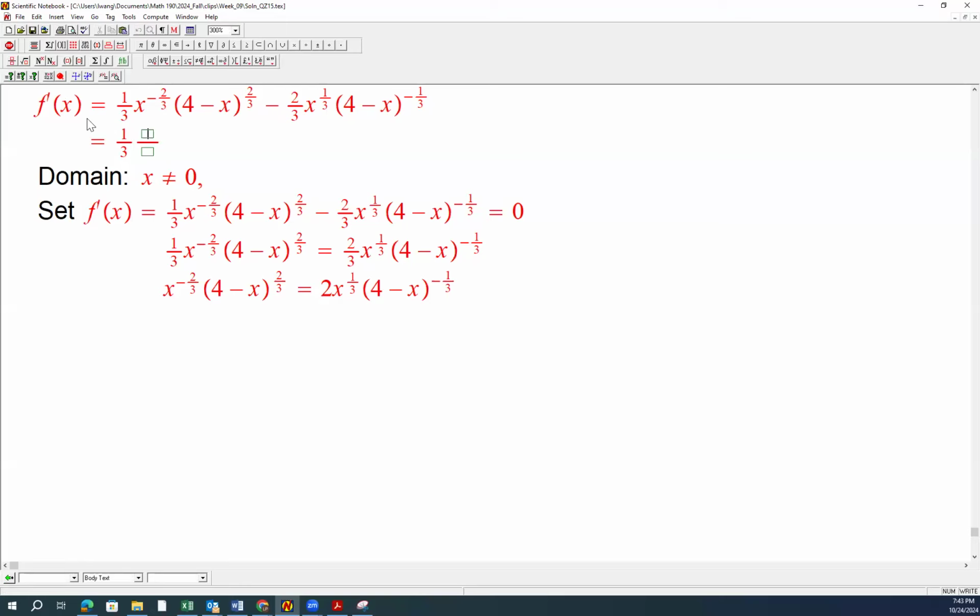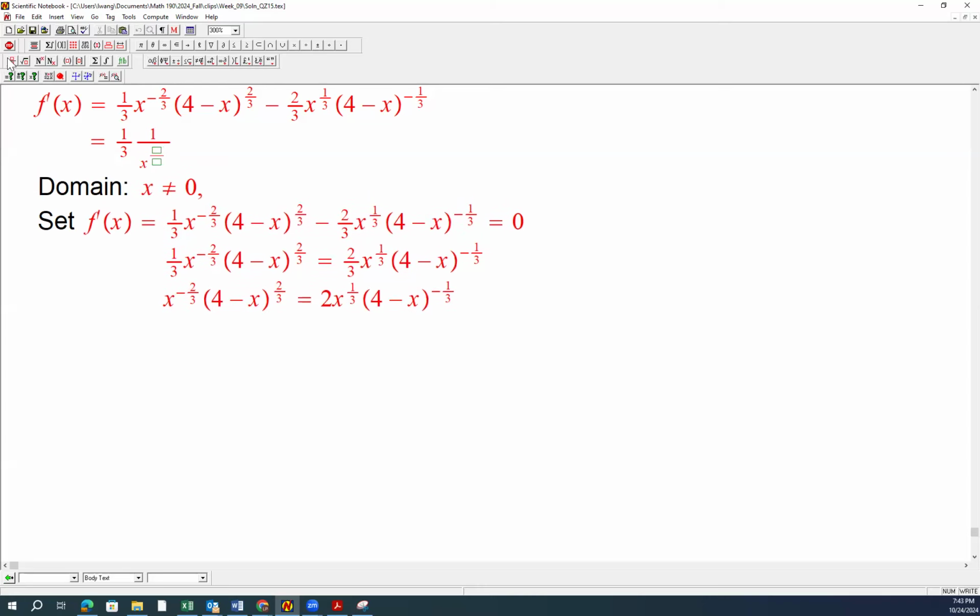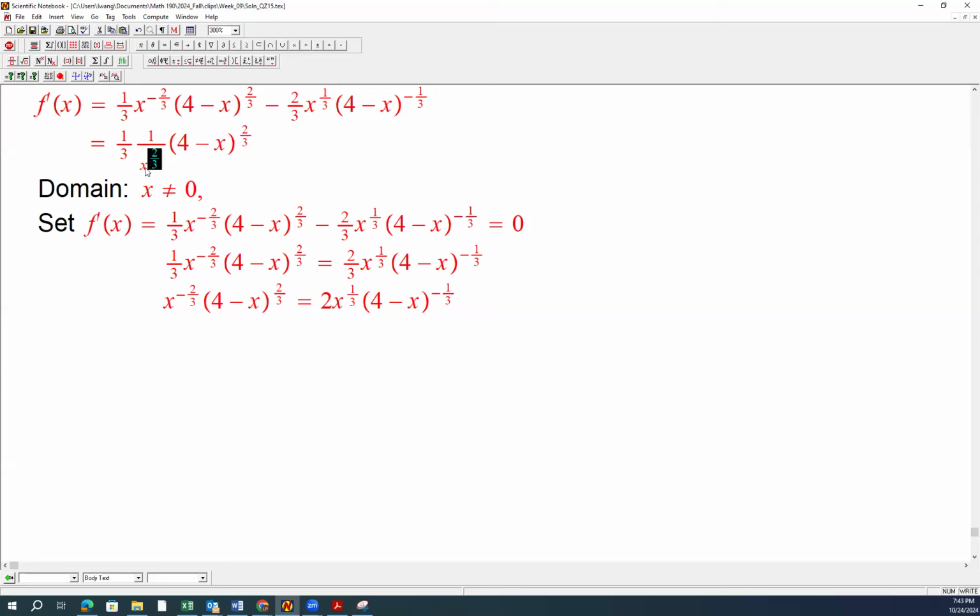So this is going to be 1 over x raised to the power of 2/3. Okay, this piece stays there. You can see x raised to the power 2/3 is in the denominator. x cannot be 0. So that's why we determine the domain for the derivative that x cannot be 0. Minus 2/3 times 1/3, that part doesn't have anything in the denominator.